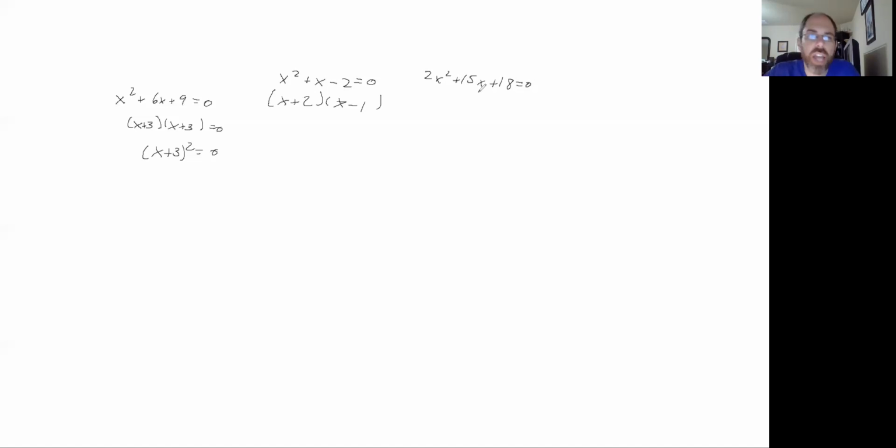Pretty much as long as factorization works, we should probably use it, but there does come a time when these numbers become so large and so cumbersome to work with that even if it can be factored, we're kind of defeating the purpose. The whole point of factoring these equations is to make them easier to work with.